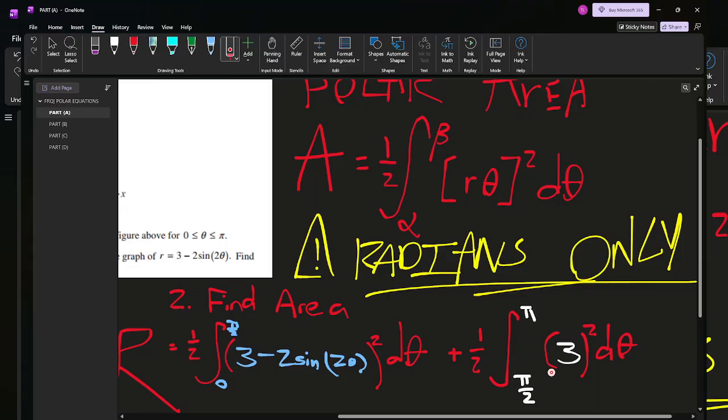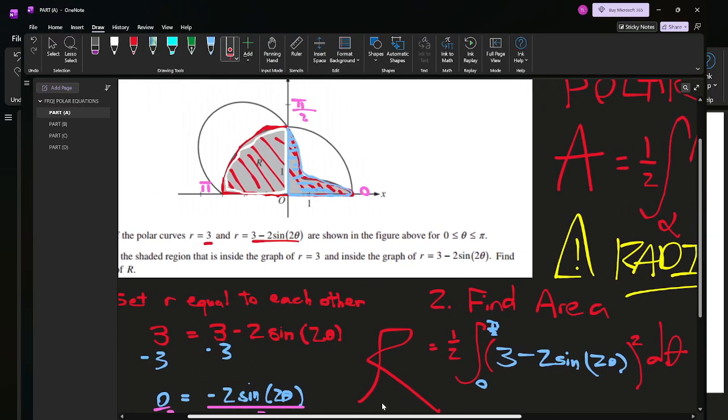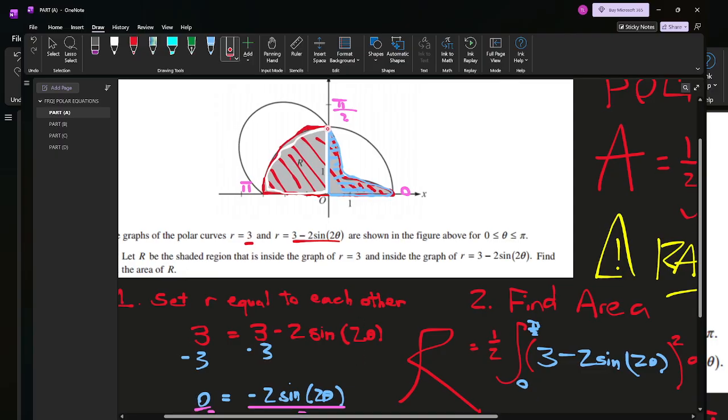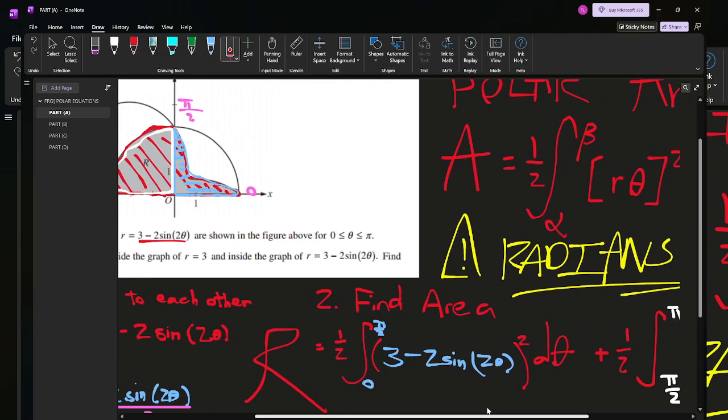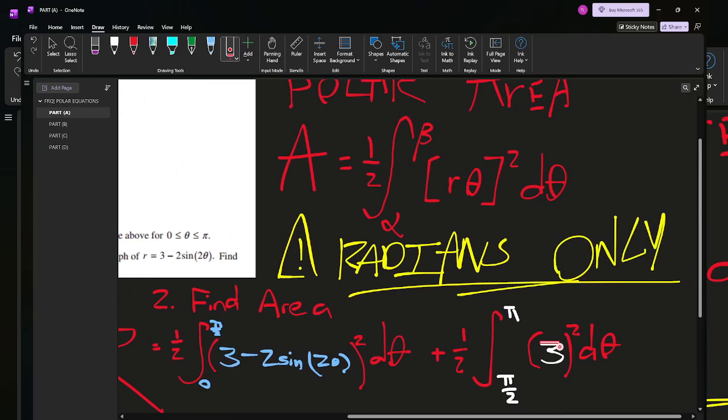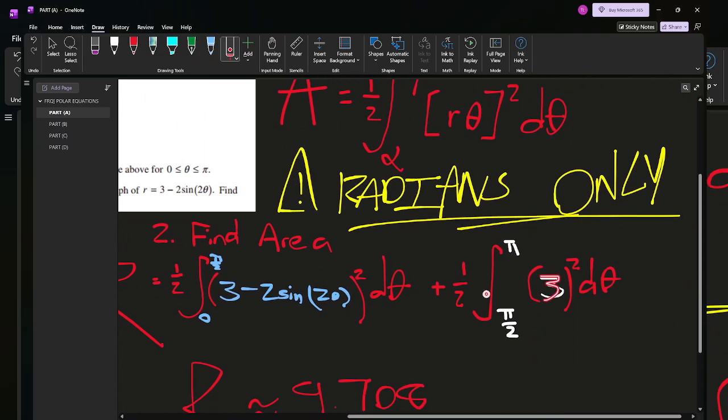And this 3 over here, if you notice, from pi over 2 to pi creates that perfect little arc of 3. So this matches with respect to the integration limits from pi over 2 to pi.